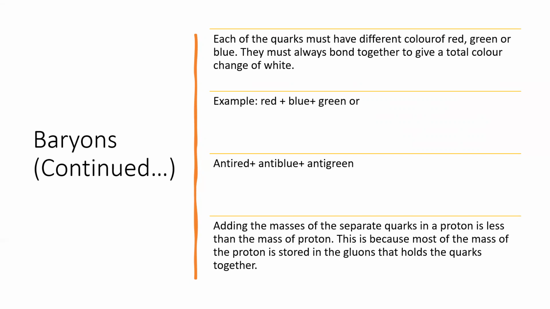So for example, in a proton we have UUD. Add the mass of U plus the mass of U plus the mass of D. It will be less than the total mass of the proton. This is because most of the mass of the proton is stored in the gluons that hold the quarks together. Imagine in a small circle you have the combination of quarks.